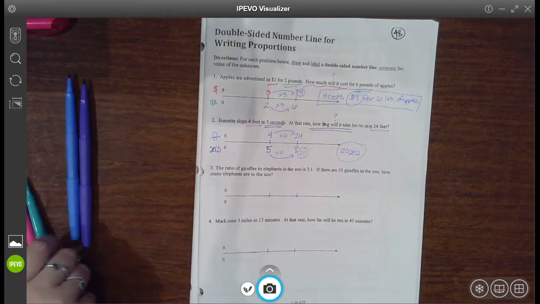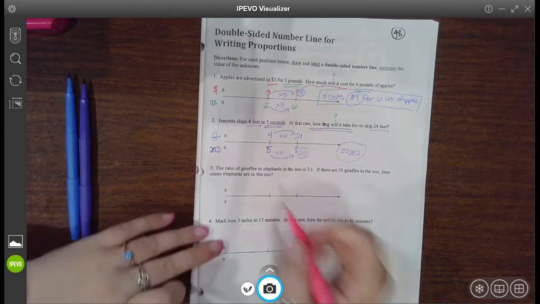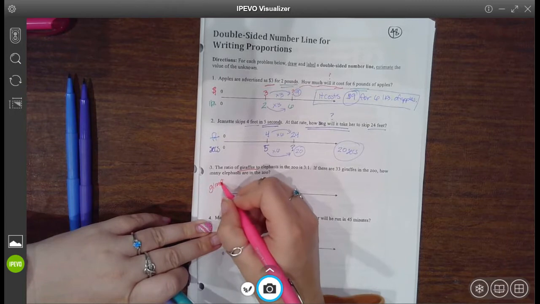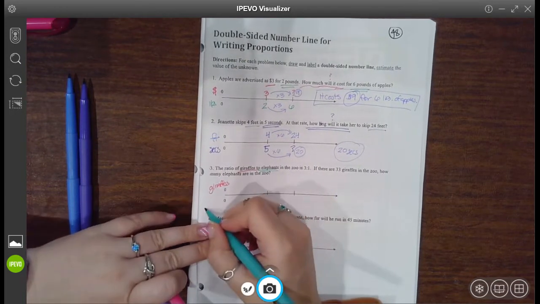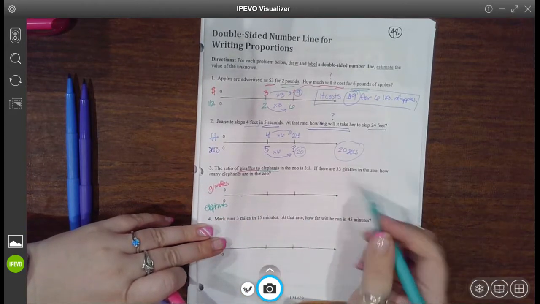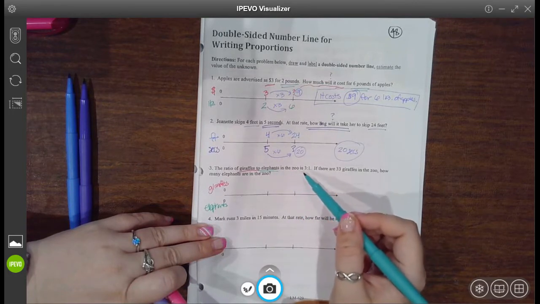Again, if you haven't tried one yourself yet, try this one before we go through it together. Here we're talking about the ratio of giraffes to elephants in the zoo is 3 to 1. Okay, so the ratio of giraffes to elephants in the zoo is 3 to 1.